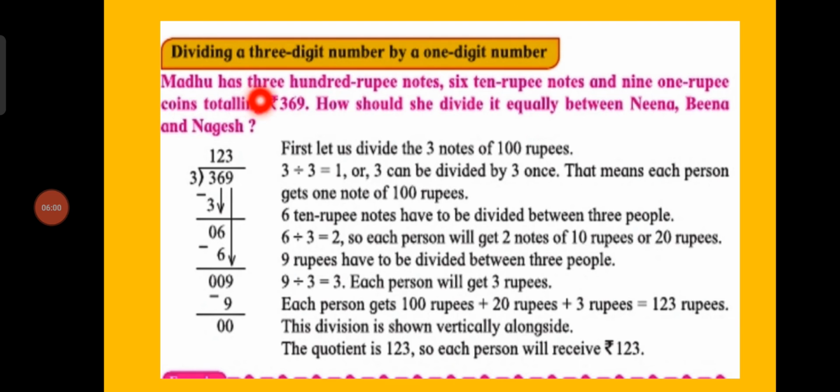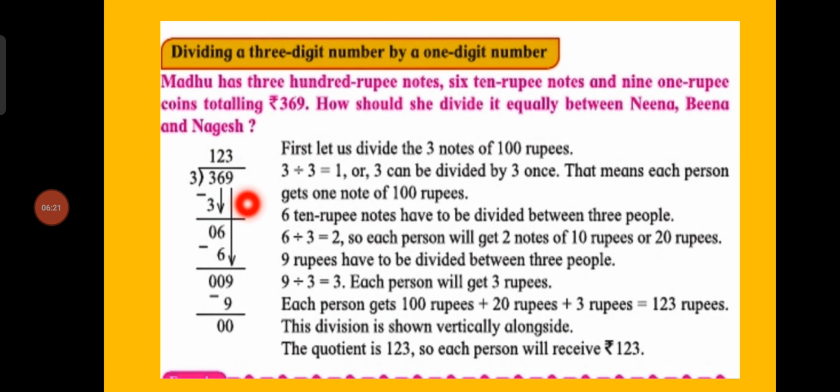Now dividing a 3-digit number by a 1-digit number. Question: Madhu has 3 hundred rupee notes, 6 ten rupee notes and 9 one rupee coins, totaling rupees 369. How should she divide it equally between Neena, Veena and Nagesh?